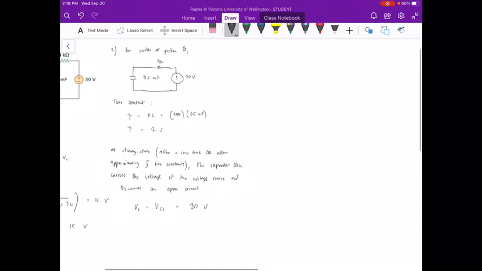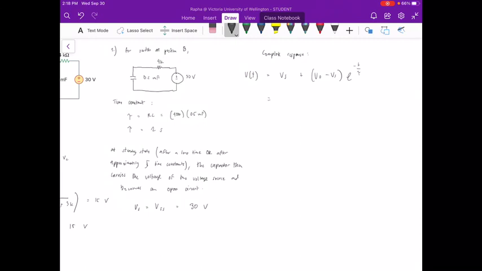Now the complete response becomes Vt is equal to Vs plus Vo minus Vs times e to the power of negative t over tau.